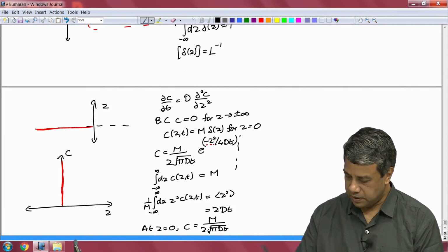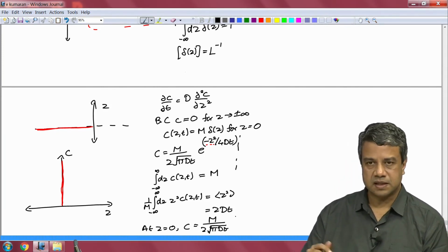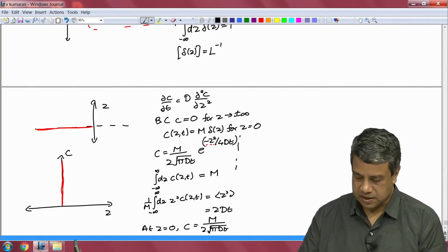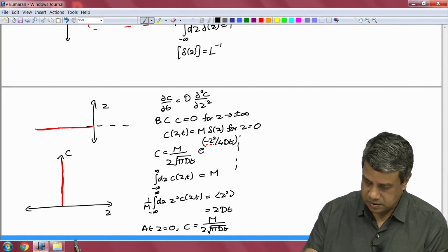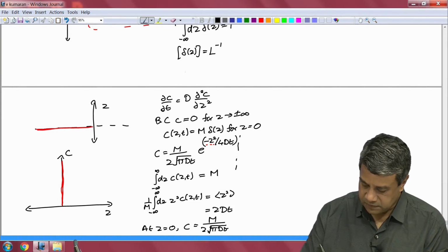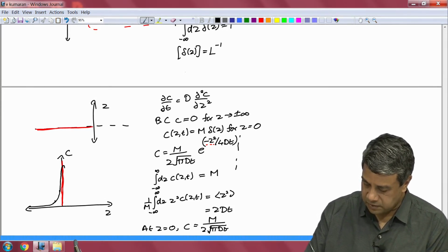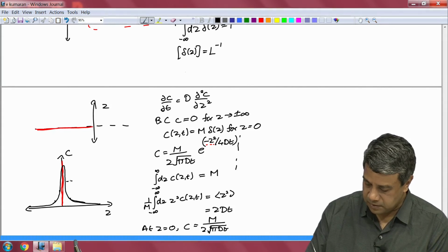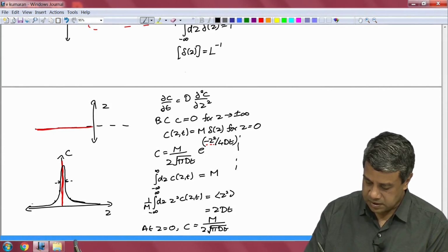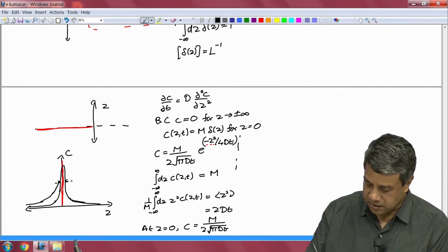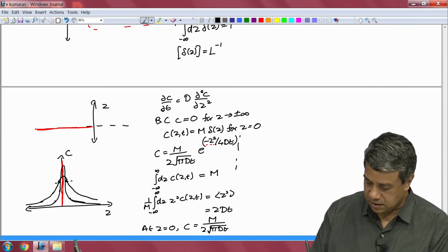That is the maximum concentration at the center. So, what is happening is that the concentration field at early time is going to have a large value and will be confined to a very thin region. The extent of spread is small. As time progresses, you get a series of concentrations where the width increases and the height decreases.